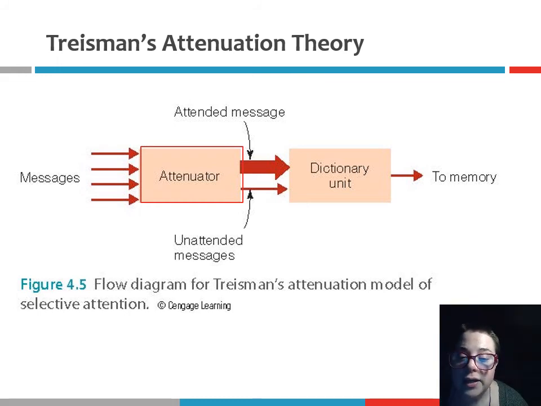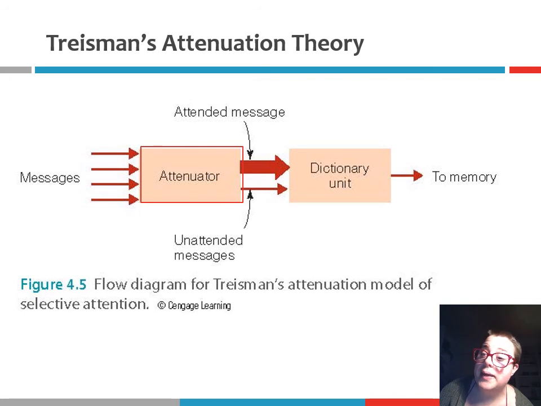The dictionary unit is the mechanism that allows us to decide what information is meaningful or personally relevant to me. So what information do I want to be able to detect even when it's in the unattended channel? The dictionary unit contains words that are stored in memory, and each of those words has a threshold for being activated.